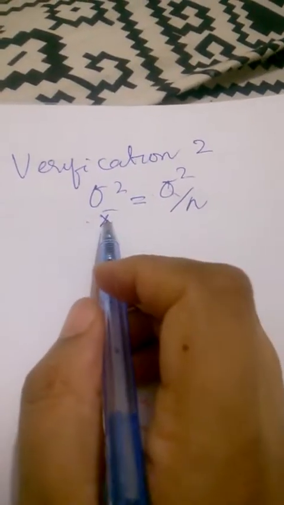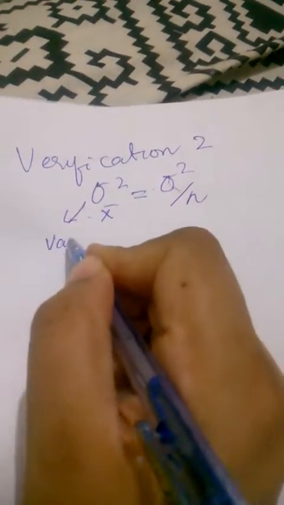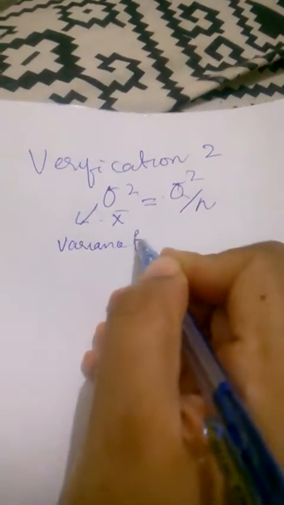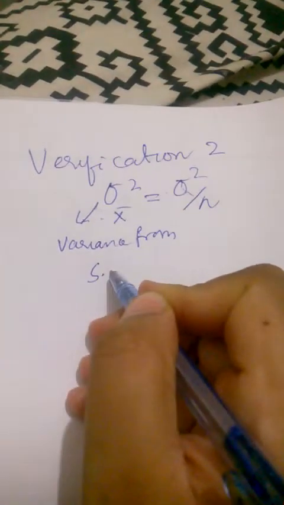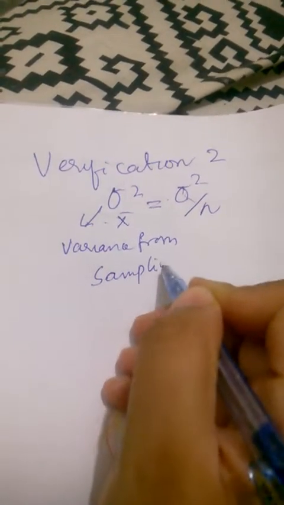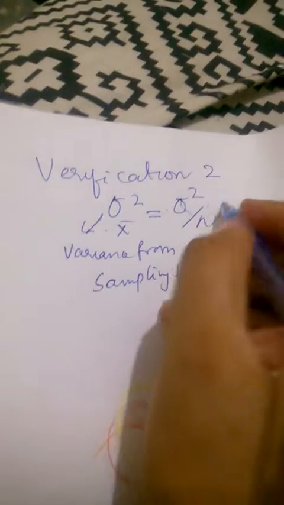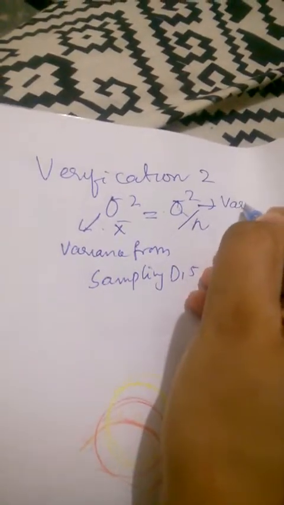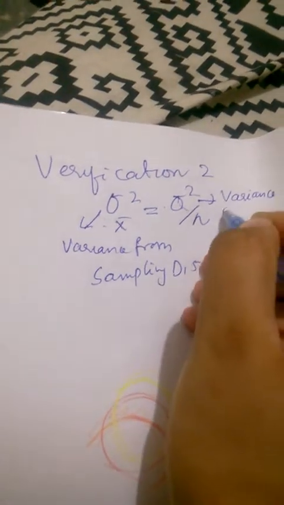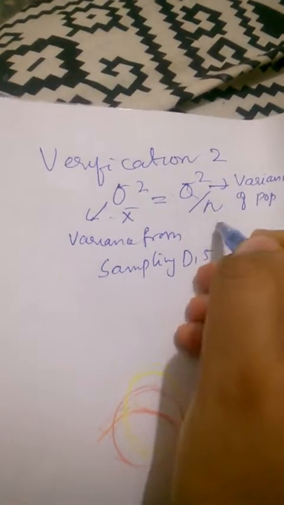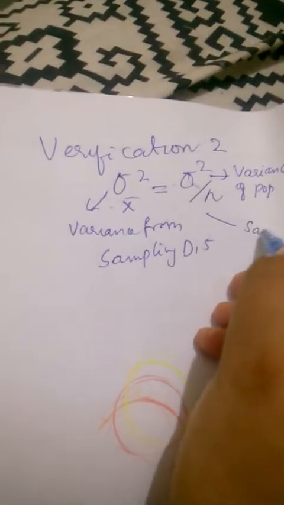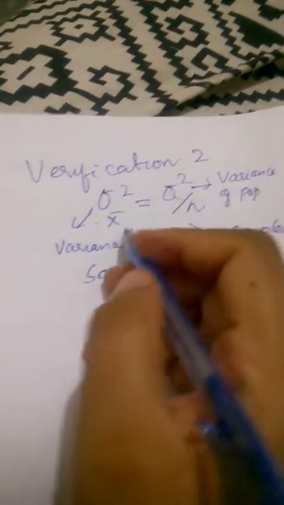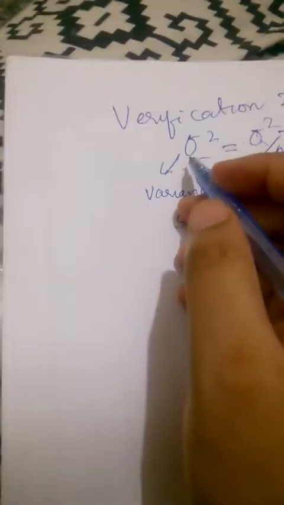Now what is sigma square of x bar? This is variance from the table, from the sampling distribution, and sigma square is the variance of population which we had found in previous step, where n stands for the sample size. हमने क्या करना है? सिग्मा स्क्वेयर ऑफ एक्स बार फाइंड करना है फ्रॉम दिस टेबल.